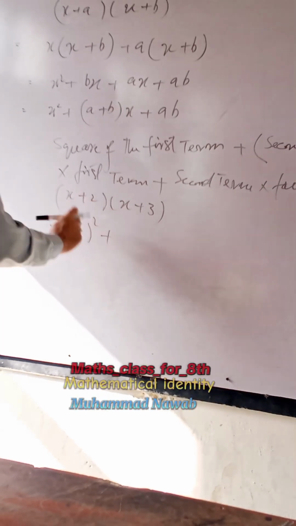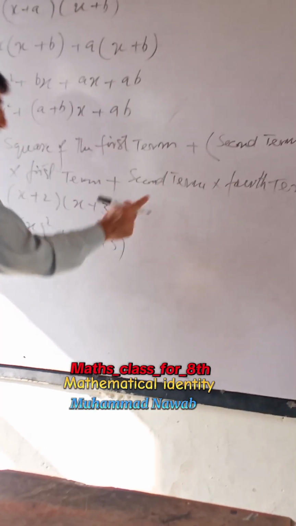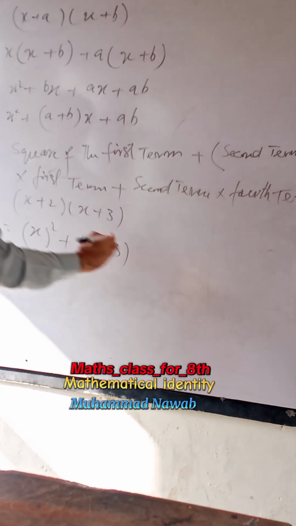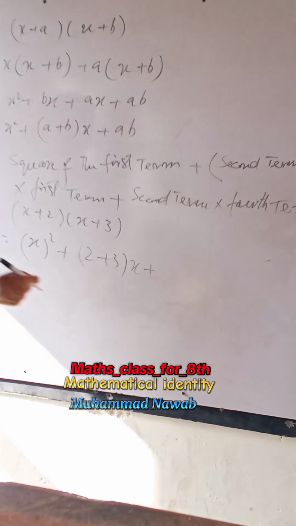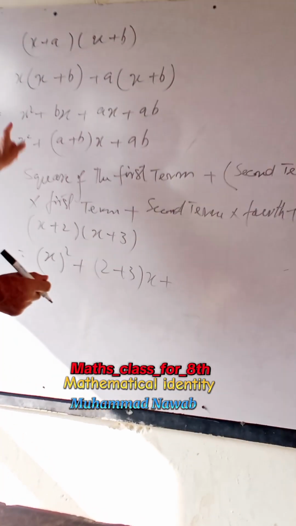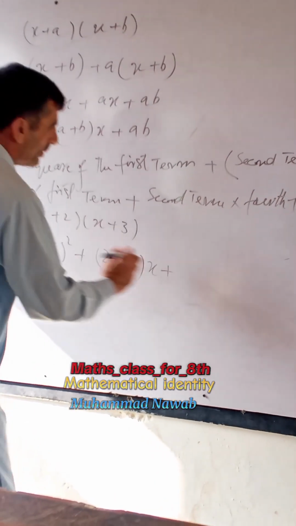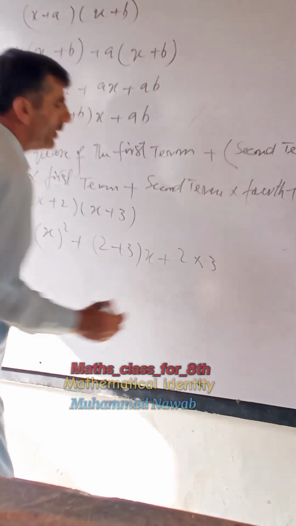The second term is 2 and the fourth term is 3, multiplied by the first term. The first term is x, and plus second term multiplied by the fourth term. So the second term is 2, multiplied by the fourth term, which is 3.